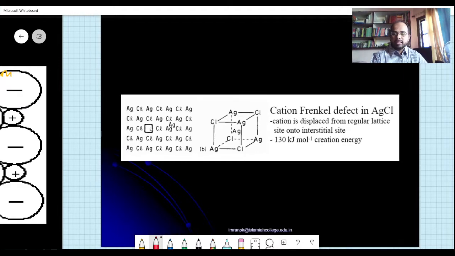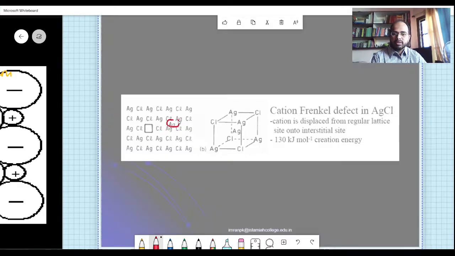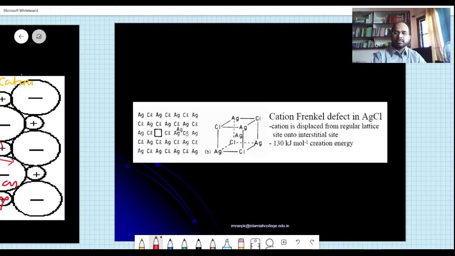Okay, so this particular space, as I told you, is called the interstitial site. Interstitial site means in between two lattices. This one is one lattice, and the second lattice is there.